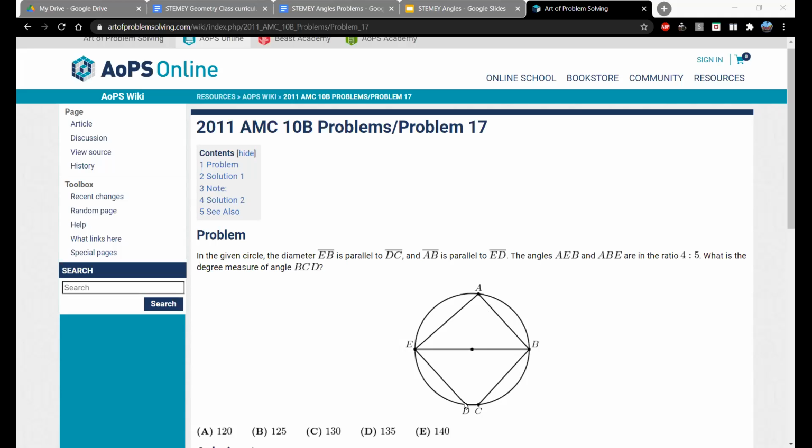AB is parallel to DC. We know that AB and ED are parallel, but we don't know if AE is perpendicular to either.